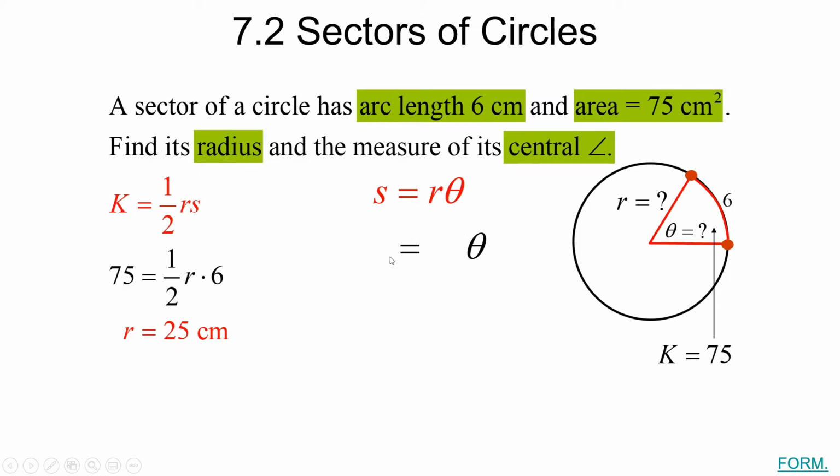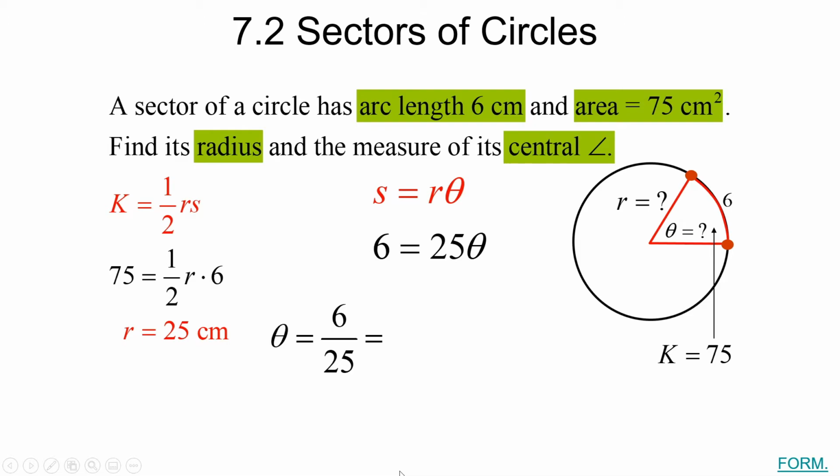Oh yeah, that's 6. And we just found that the radius was 25. So theta then would have to equal 6 divided by 25. All right, and now again, that is in radians, so equals, wow, well, 6 divided by 25, that's not going to be a whole number or a reduced fraction there.